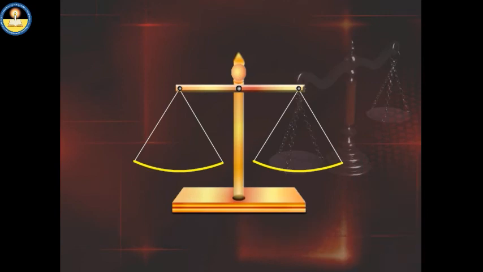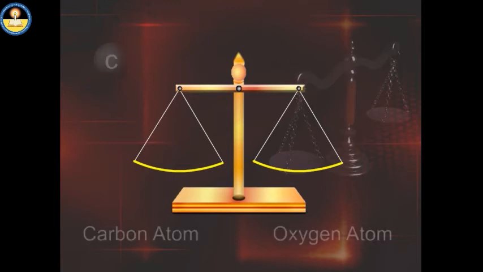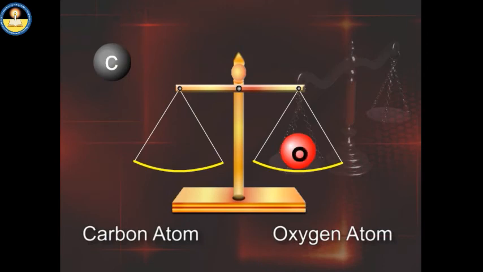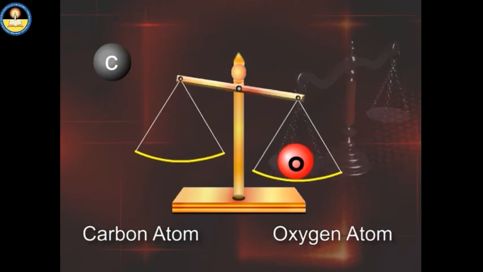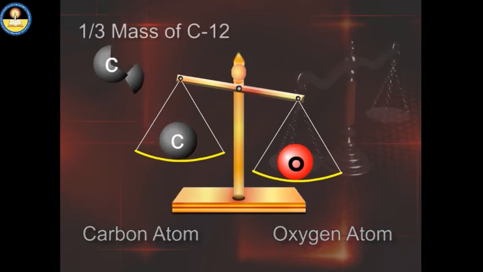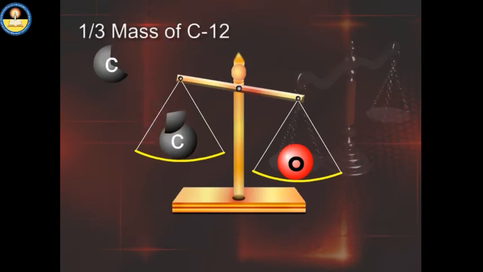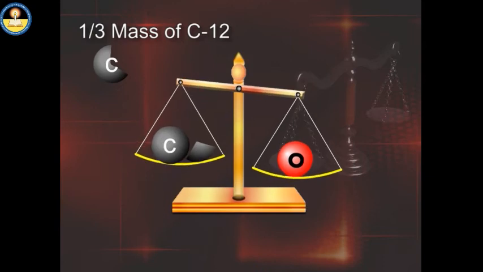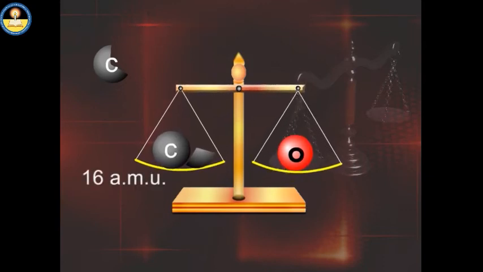Let us now learn about the relationship between mole and gram atomic mass. If we take an oxygen atom on the right-hand side of a beam balance and try to balance it with carbon atoms, we find that it is balanced with 1 plus 1/3 carbon atoms, which is equal to 16 atomic mass units.